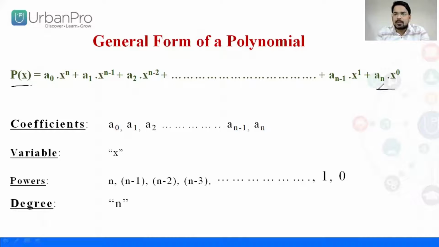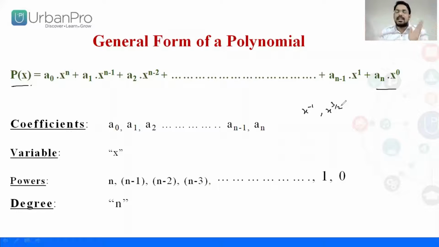Why have we stopped at x raised to power 0? Because any polynomial having its powers as negative or in fraction will not be termed as a polynomial. A polynomial cannot have powers in fraction or in negative sense.